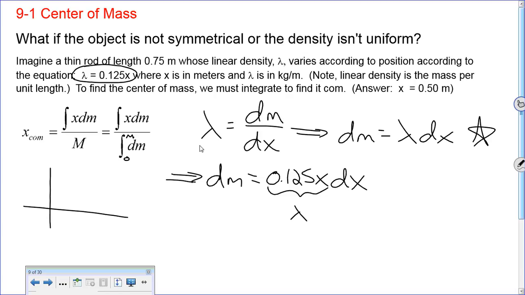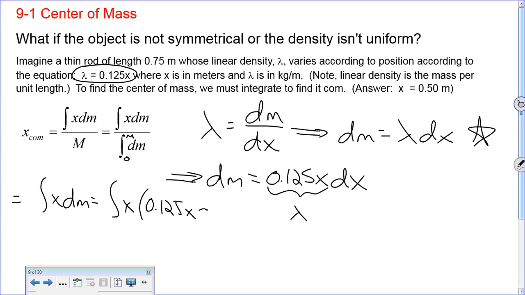Okay? So our integral, which we're not going to have time to do right now, we'll have to finish up tomorrow, becomes the integral of x dm. Well, here's dm, right? So the integral of x dm is the integral of x times 0.125x dx.